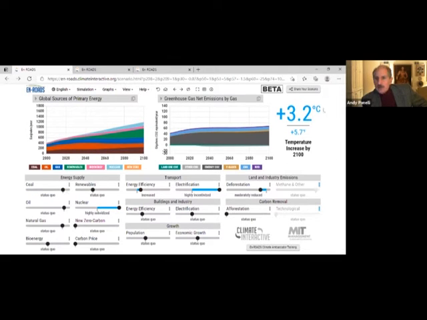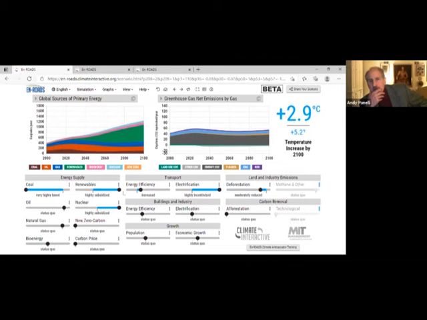Okay, so let's watch what happens to our temperature and watch what happens to our coal usage here. Okay, we're bringing coal way down. And then I think we got 0.2 of a degree there, and we picked up another degree on renewables, subsidizing the renewables. So that's getting us closer to our goal.